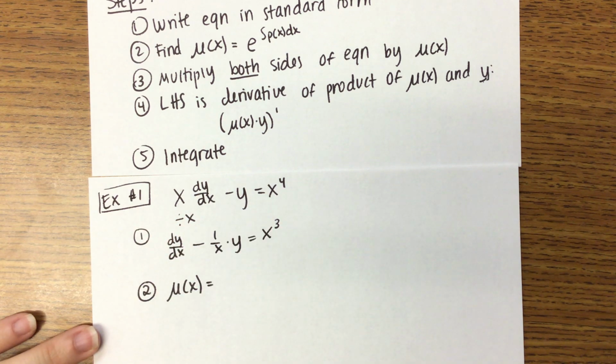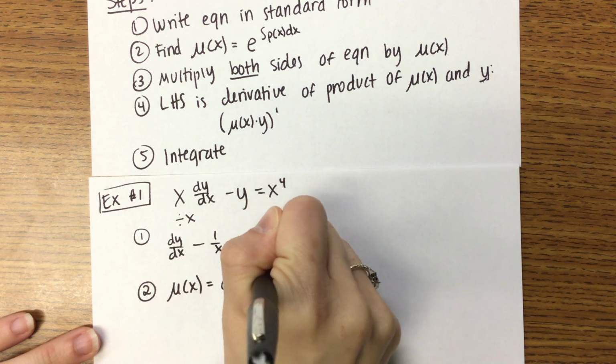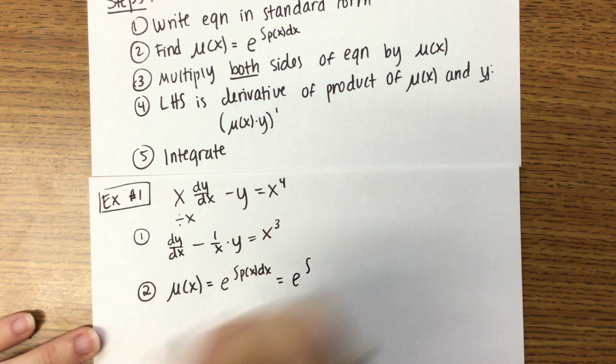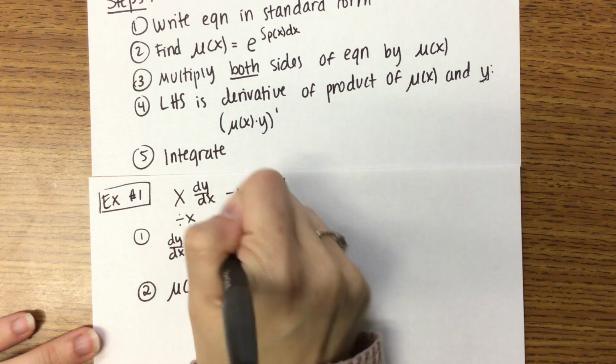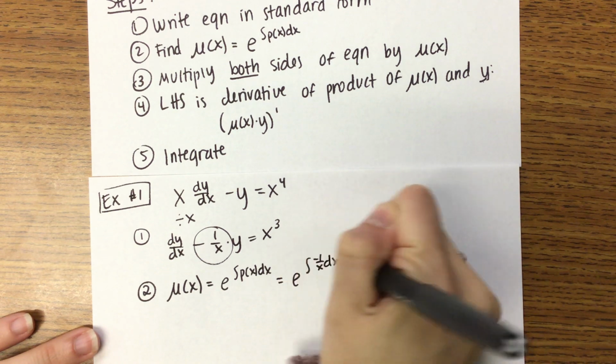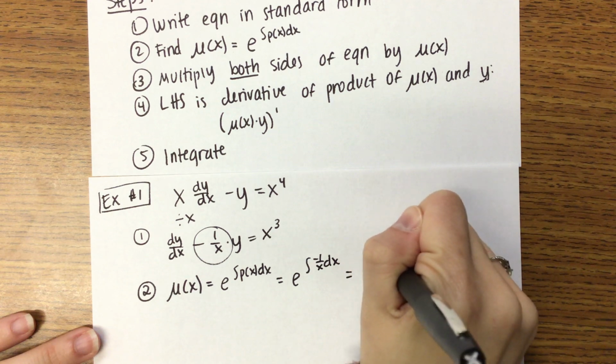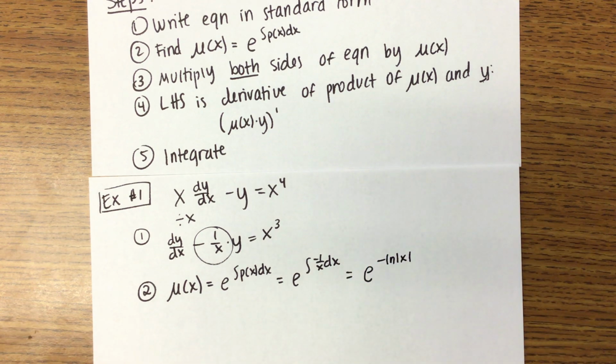Next, we need to find our integrating factor. So it'll be e to the integral of p of x dx. p of x is the coefficient on y, so that's negative 1 over x dx. So this is e to the negative natural log of x. Can I simplify that at all?